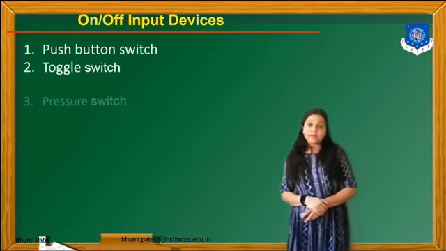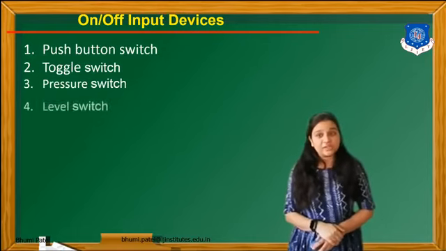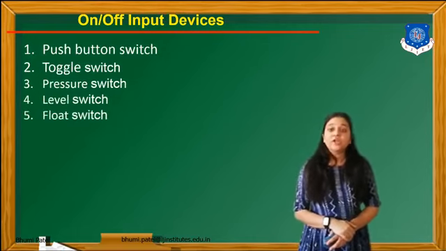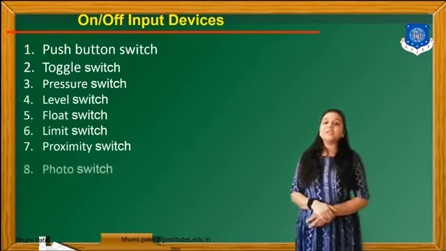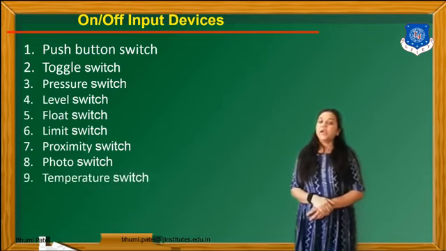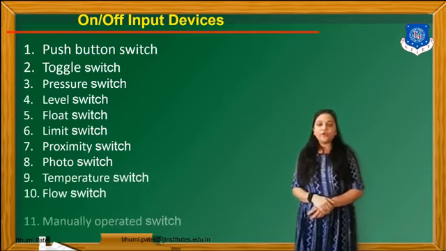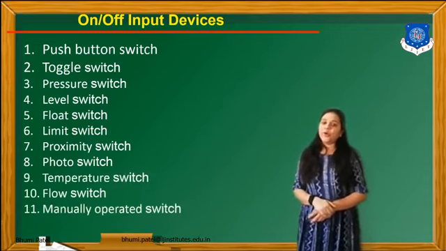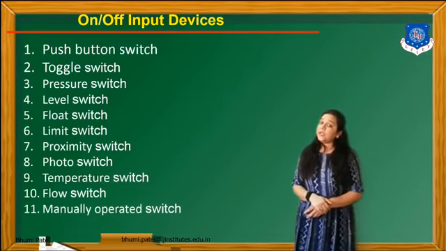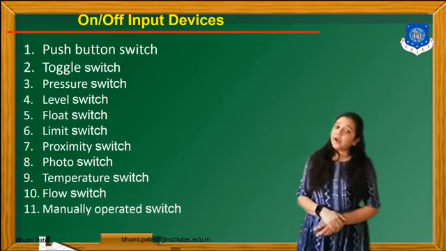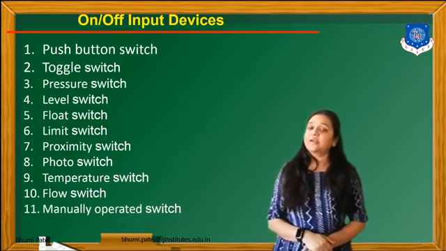Again, you can connect the toggle switch, pressure switch, level switch, float switch, limit switch, proximity switch, photo switch, temperature switch, flow switch, or manually operated switch. Depending upon the requirement or the application, we can connect the switch.